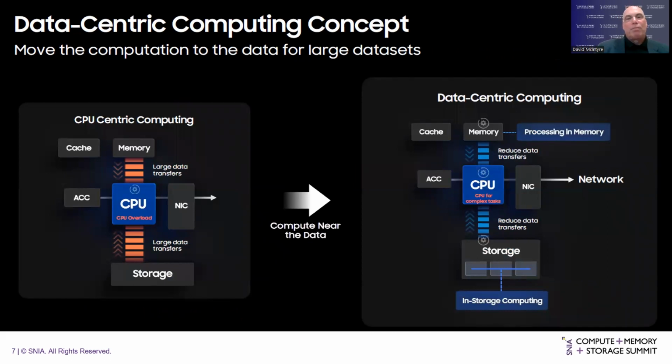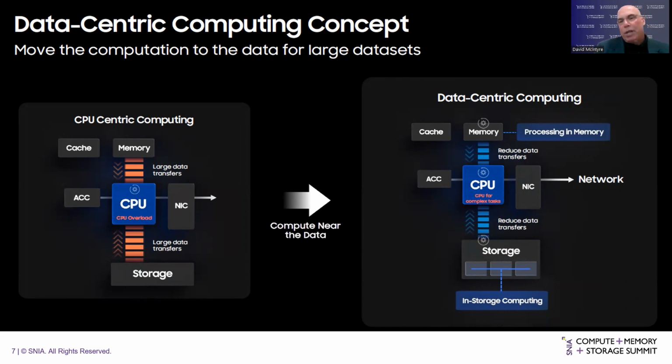So, data-centric computing. Okay, we're very familiar with the left diagram, the traditional compute, memory, and storage architecture that we all know. And the biggest challenge there is scalability, as well as the tax for transferring data back and forth between memory, compute, and storage.